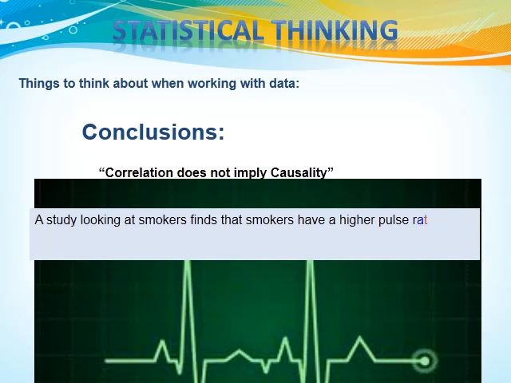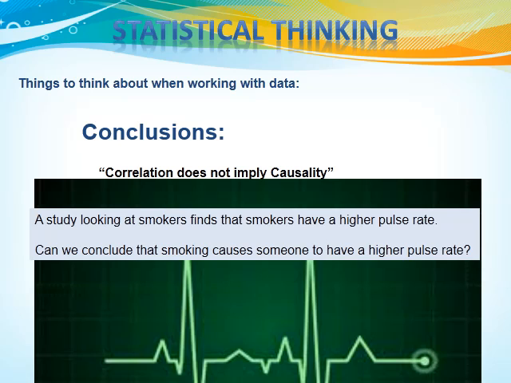So, for example, a study looking at smokers finds that smokers have a higher pulse rate. Can we conclude that smoking causes someone to have a higher pulse rate? We cannot, actually. We can say that they are correlated, that as the amount you smoke goes up, your pulse rate will go up, but we can't say that one causes the other.